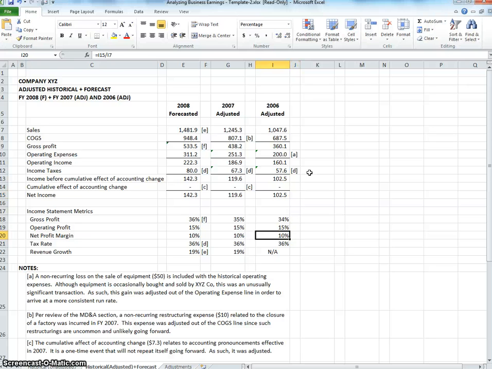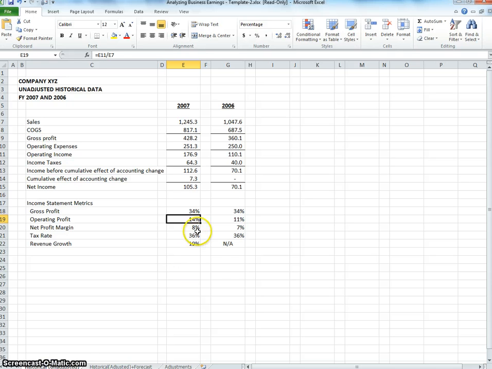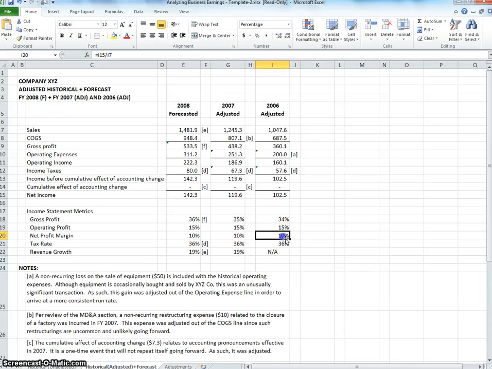And then once that is done, again, notice I'm projecting a relatively flat net profit margin, which demonstrates that when you take out those anomalies, the net profit margin is more consistent and sustainable and recurring and consistent with the trend, I guess you could say. So anyway, I think that covers all the bases.